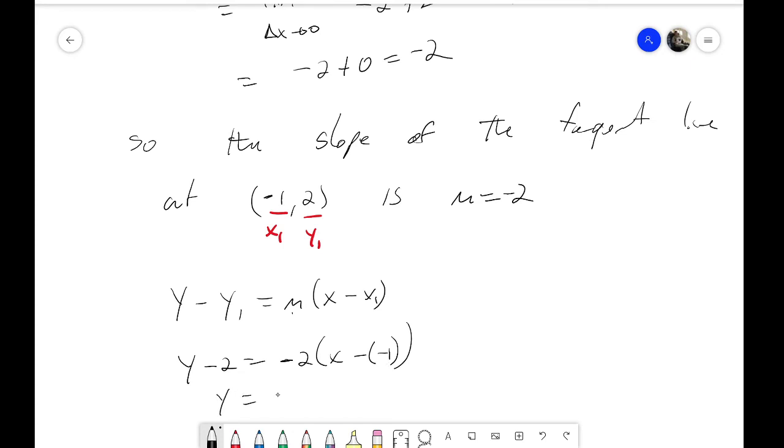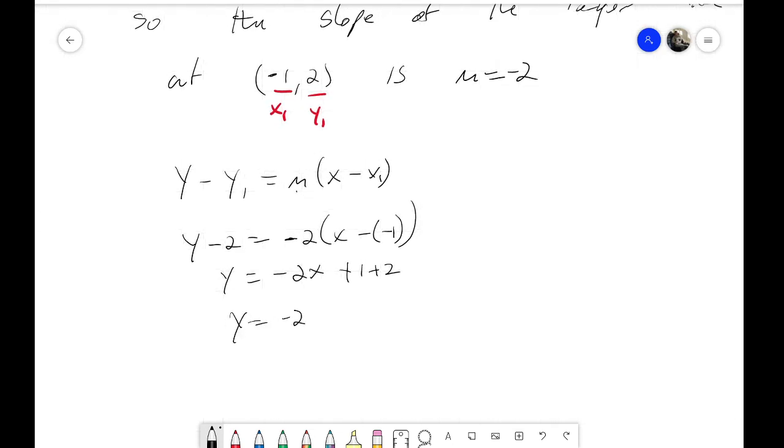So we have y equals minus 2x plus 1 plus 2, so that's y equals minus 2x plus 3. I just move the 2 to the other side and then add it, and I have a mistake here because I'm distributing this, so this is minus 2 plus 2, which is 0, so it's just minus 2x. If you distribute the minus 2 to that plus 1, you just get minus 2, and then you're adding this 2 over, so this is going to be 0. So this is going to be the equation of the tangent line at that particular point.